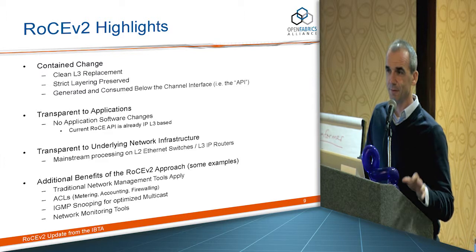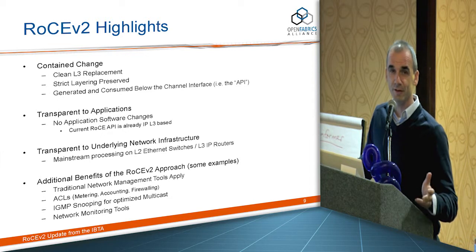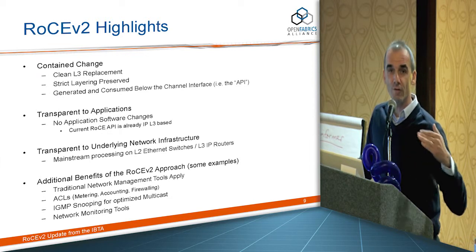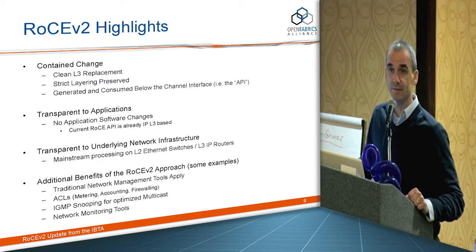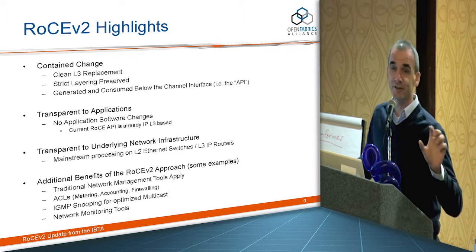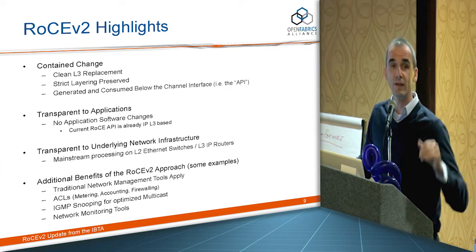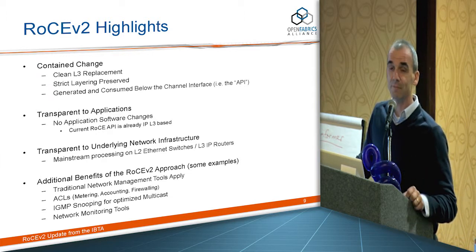I'm sure people in this room are familiar with the semantics of InfiniBand RDMA that are message-based. So InfiniBand packets or RoCE packets or RoCEv2 packets never get to be seen above the API. The API is message-based. So all these minor changes or contained changes that we're doing to the packet are even happening within the implementation. The applications or ULPs that make use of it don't see them.